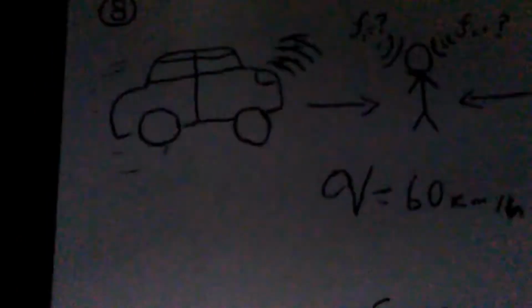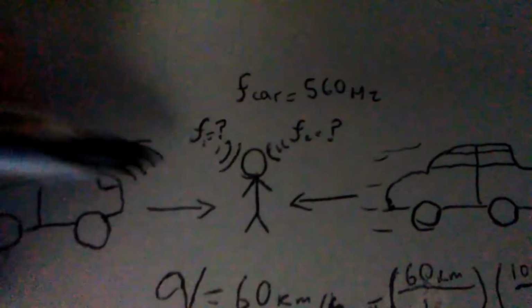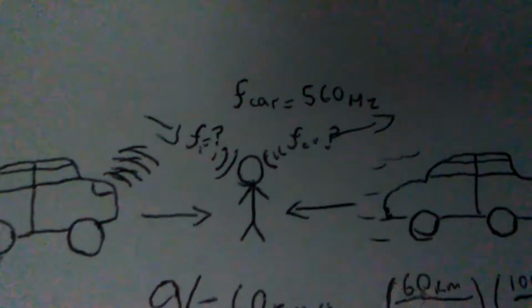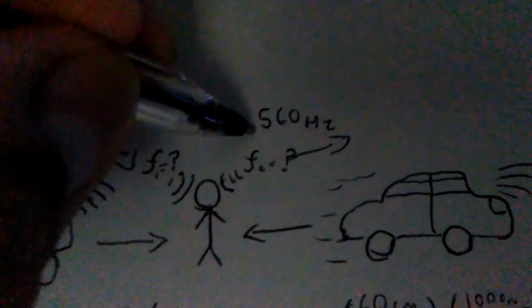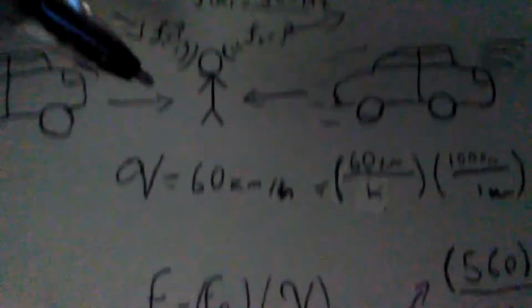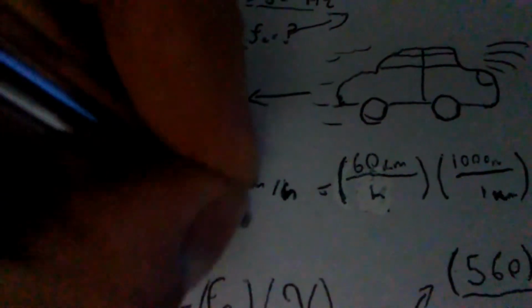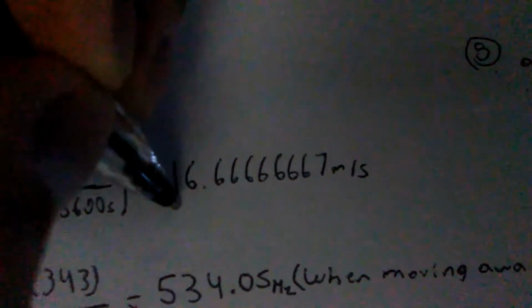The last two exercises, both 8 and 9, are super simple. First, the 8th one is asking you to get the frequency at which you hear a car when getting closer to you and when moving away from you, with the car going at 60 km per hour and producing a frequency of 560 Hz. First, we have to convert the 60 km per hour to meters per second, which is equal to 16.66 meters per second.